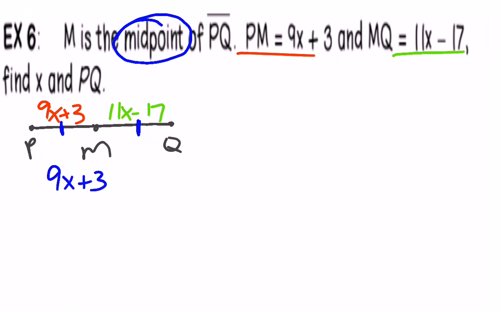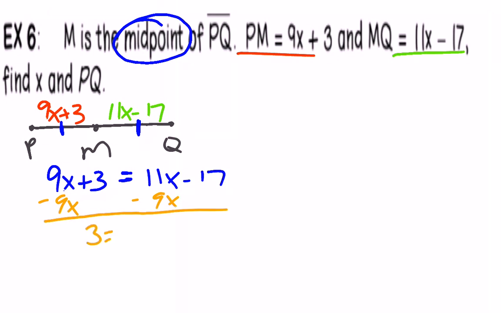So 9x plus 3 and 11x minus 17 are equal to each other. And now we're going to solve the equation. Since my variables are on opposite sides, I'm going to move one of these variables. I choose to move the 9x. I don't like dealing with negatives. My life advice, take it or leave it, is to always move your variable first.